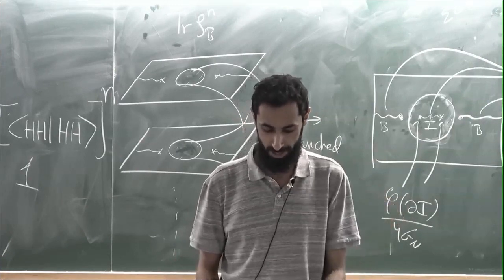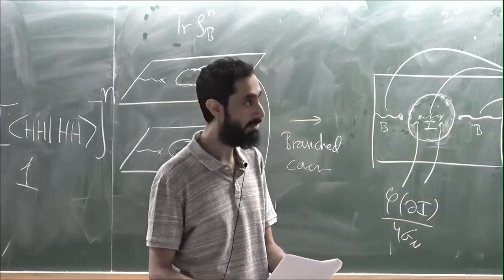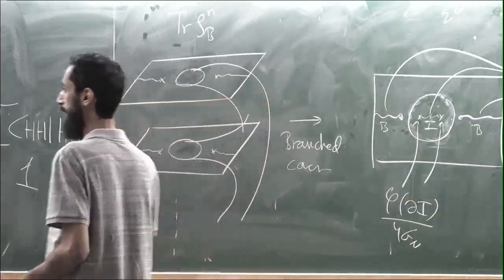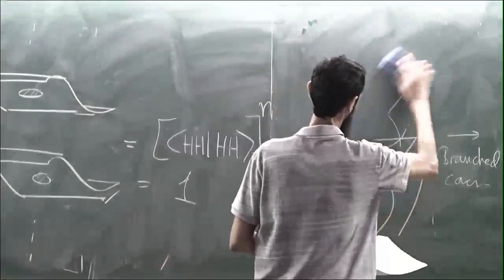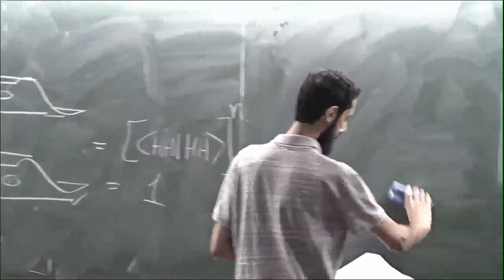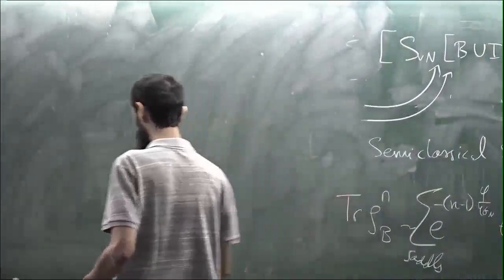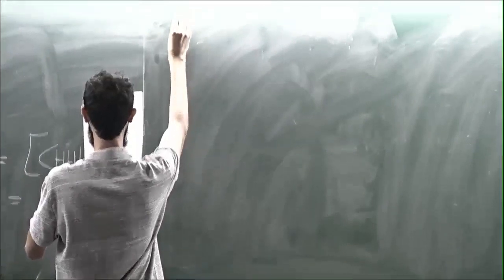Okay, clearly there's a lot of things to do. I just want to give a few examples, I have a few minutes, of interesting applications of the island prescription. The first is the same space-time.